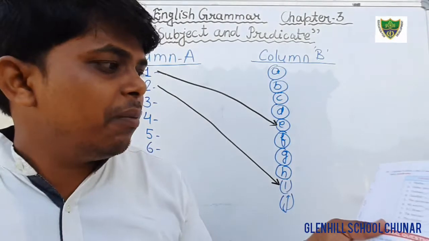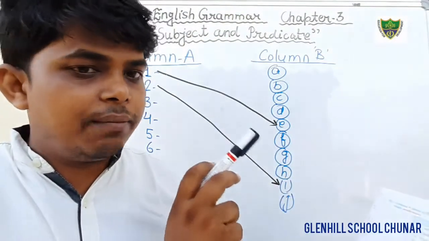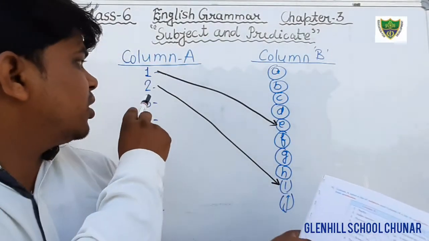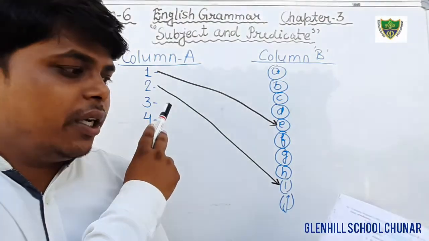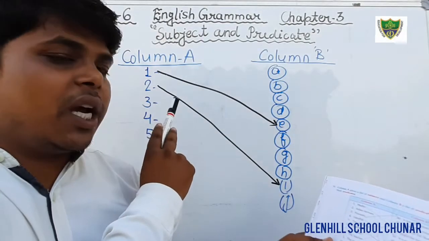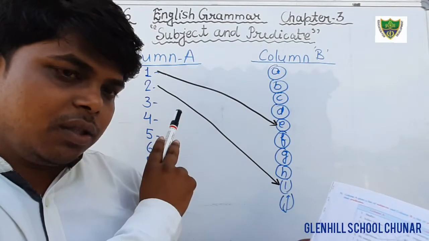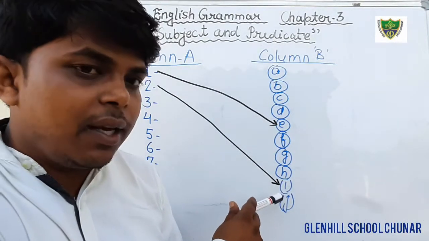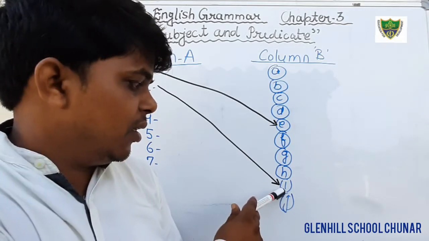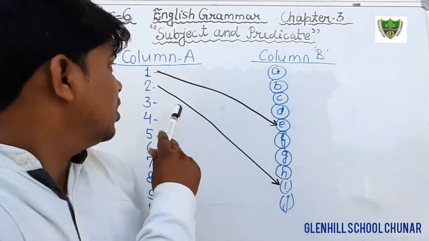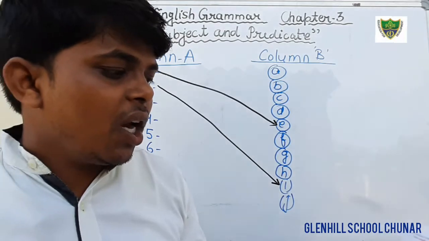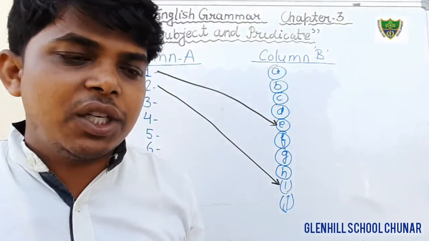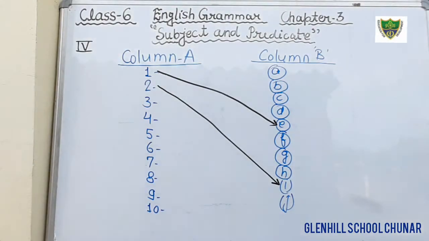So the sentence will be Indian farmers are hard working people. Okay students, just match the question number second with option number I.